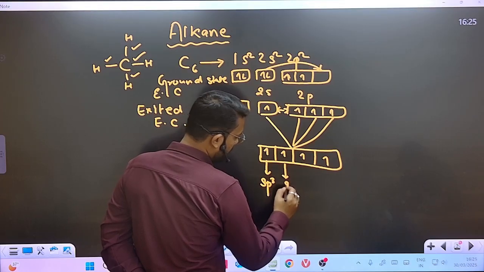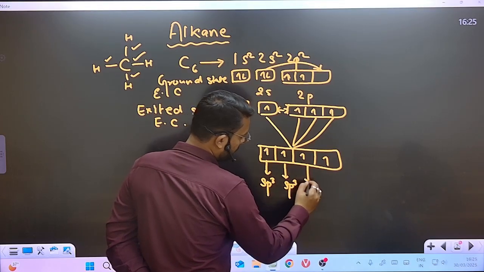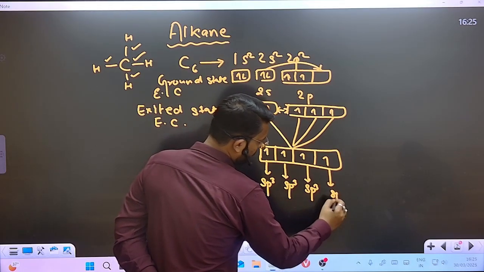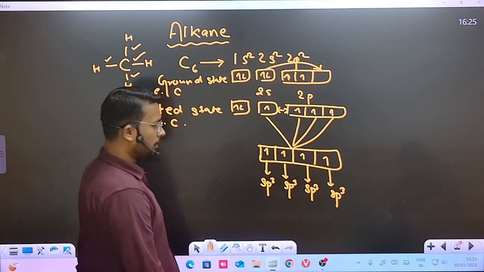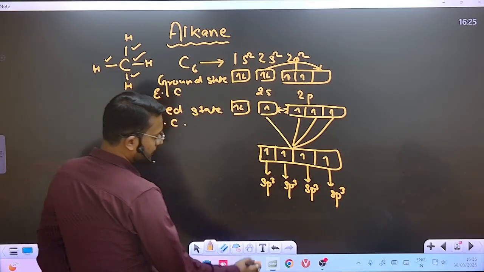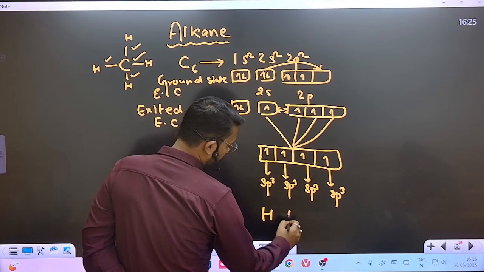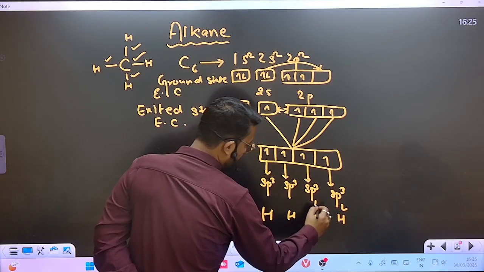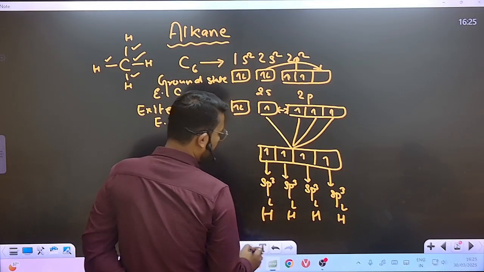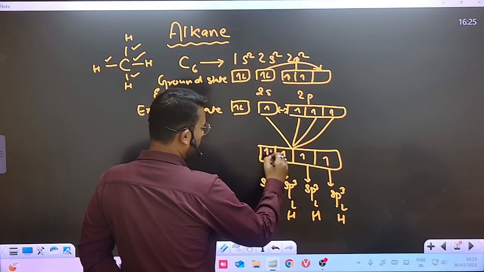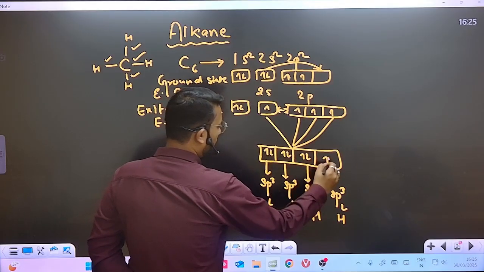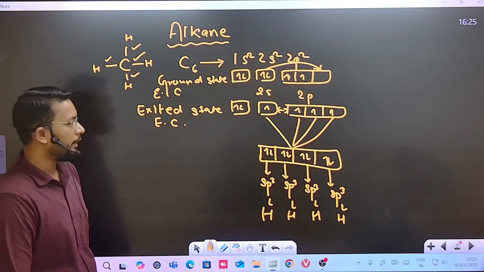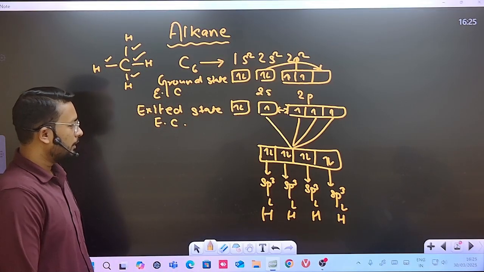Every orbital is sp3 hybridized. I hope I am clear. Now 4 hydrogens can come with their 1s, 1 electron in opposite spin, and give their electron to make the bond. I hope there is no doubt in this concept.